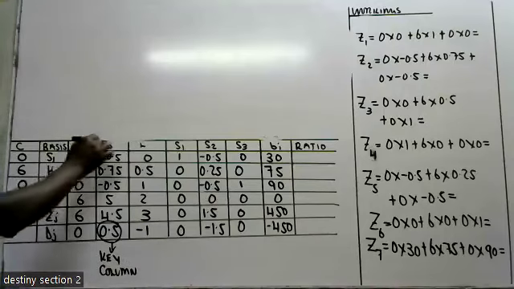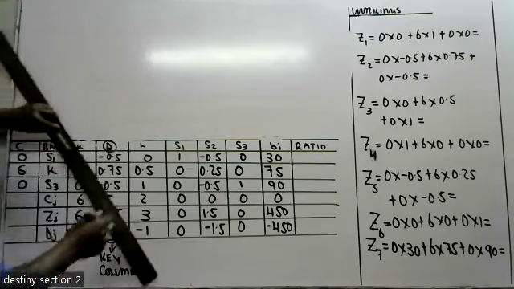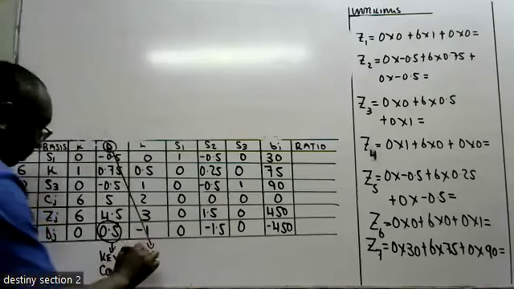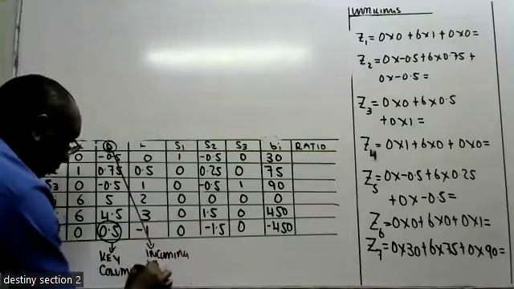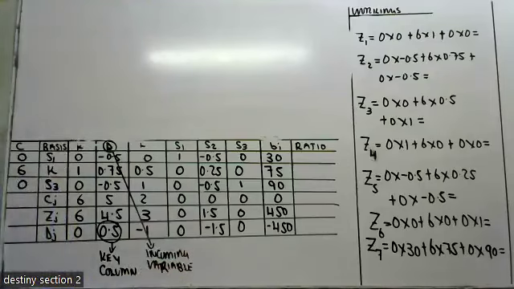This value here, D, which is at the title, it becomes the incoming variable. It's called incoming variable.